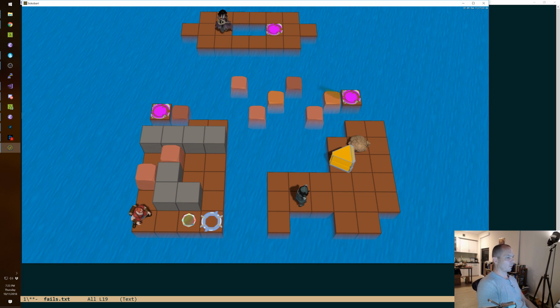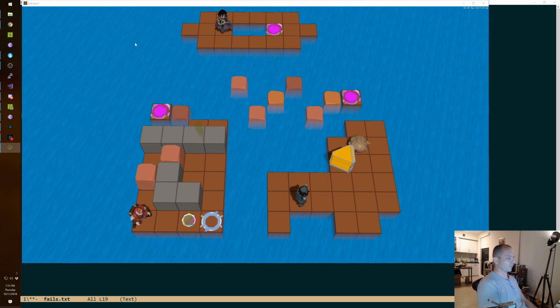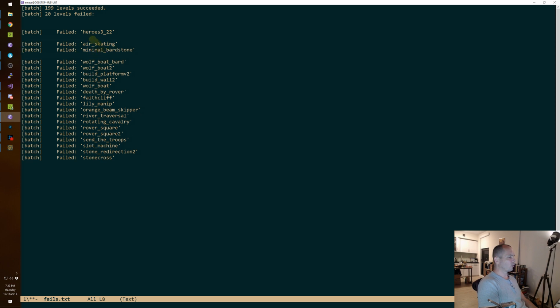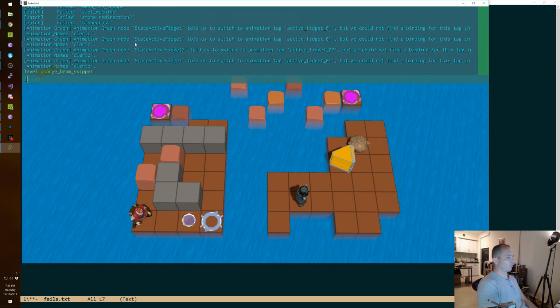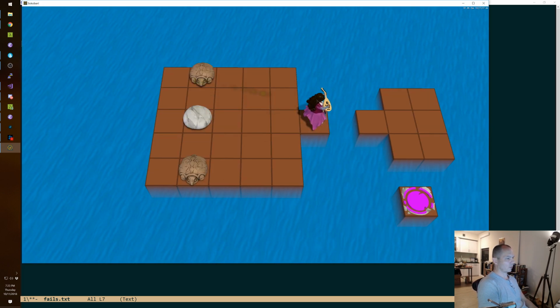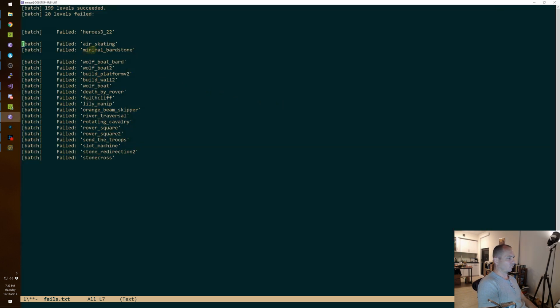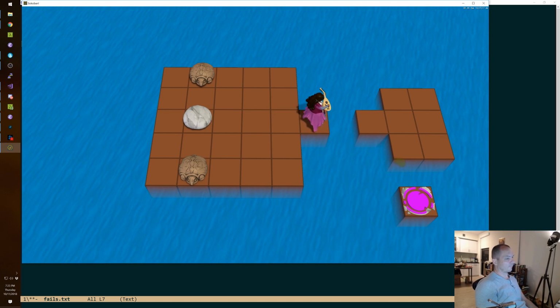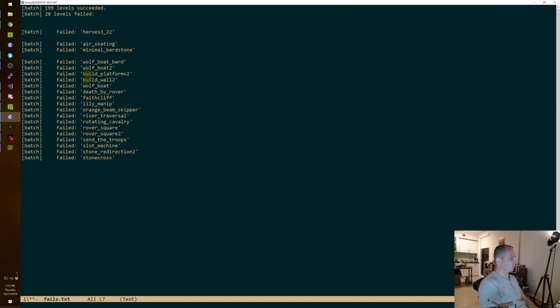This should work. We'll check this in. Let's look at minimal bardstone. I sort of feel like all of these should work, except that minimal bardstone is, well, okay, we'll see.